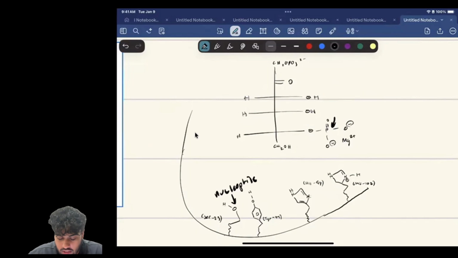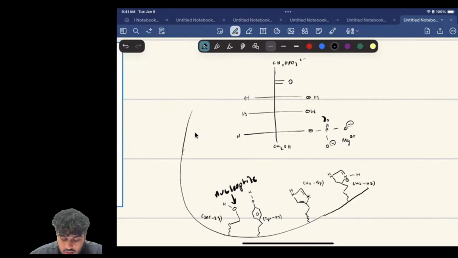And then after that, we can justify the electrophile's reactivity by looking at the resonance structure of the phosphate group. So here we can see that it resonates like this, right? It can also resonate like, let's make that more clear, like this, right?